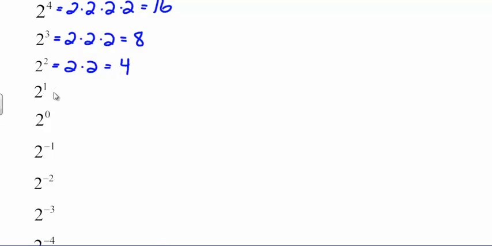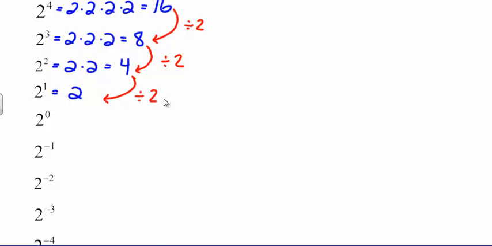And 2 to the first is simply 2. Now, if you look at this, what we can see is happening here is that each time we are dividing by 2. We do it again to get 4, and we do it once more to get 2.